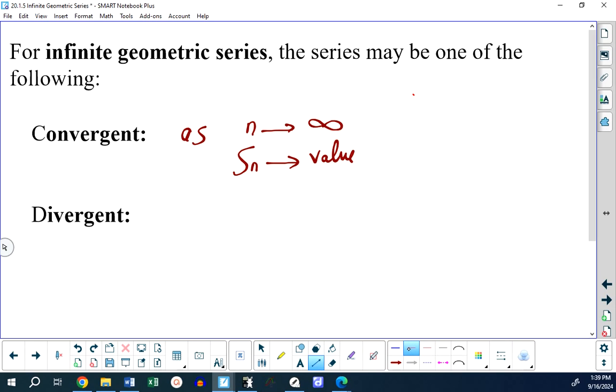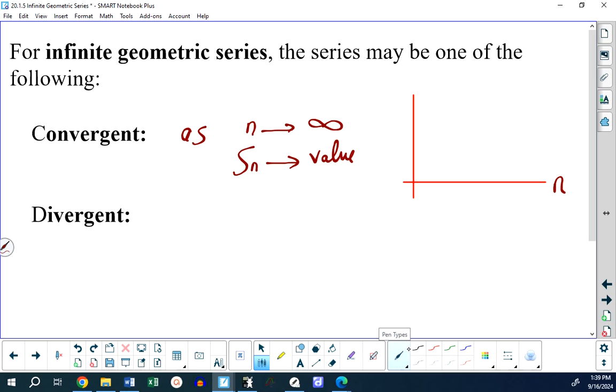This graph I'm going to show you, you don't need to write it down. But I'm going to use it just in an explanation here to explain why we call this convergent. So this is 4.